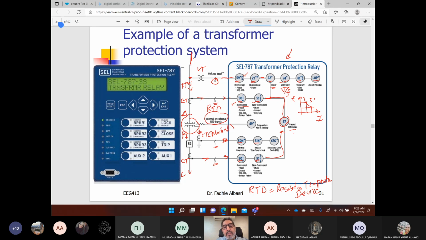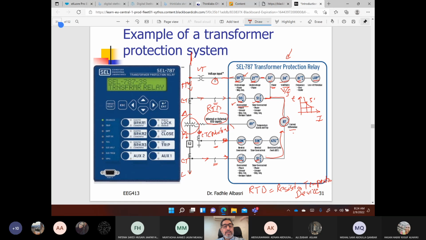Normally this is inserted in the transformer winding so that I know the current, actual temperature of this winding. So instead of measuring the current to know the heating effects of that current on the winding of the transformer, here we directly measure the temperature of the winding.